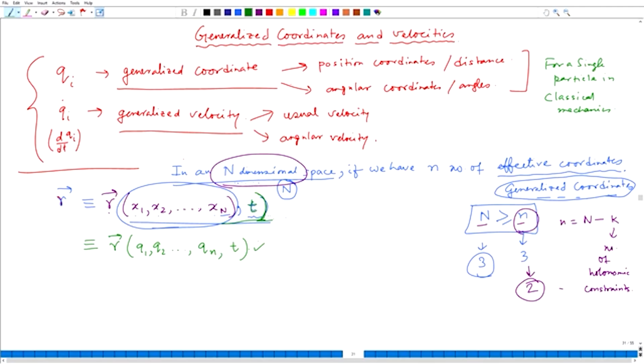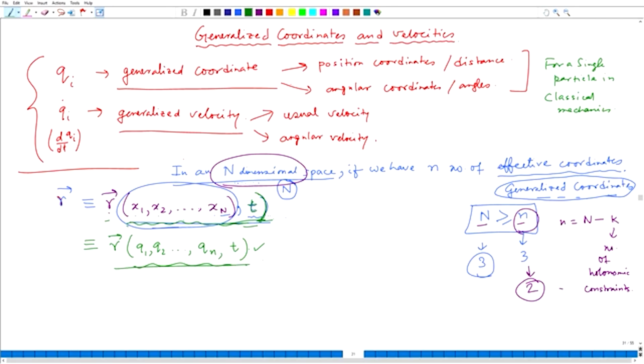So, if we have this, then I know that one possibility of connecting this thing to this thing is by their transformations. And that is the only way by which you can represent the position vector in Cartesian coordinates and also in terms of the generalized coordinates.